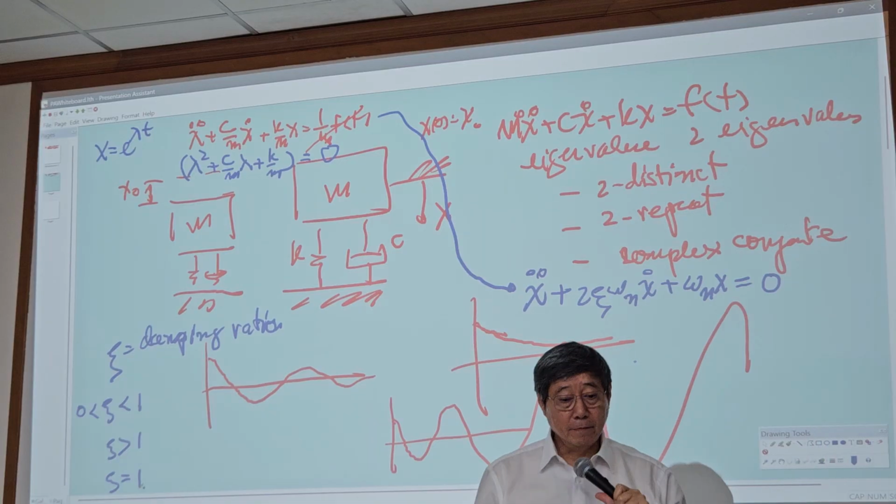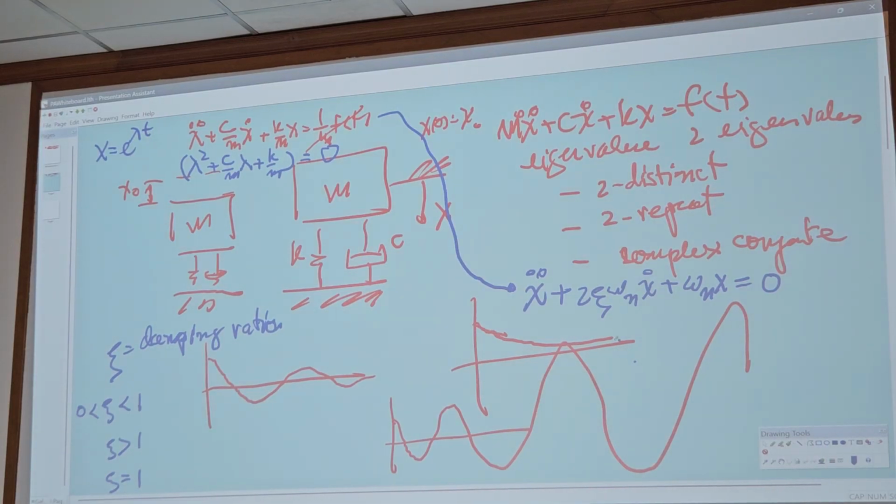If I write this one, the root of this one is omega n times minus zeta plus or minus square root of zeta square minus 1.